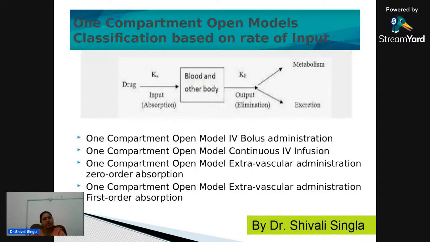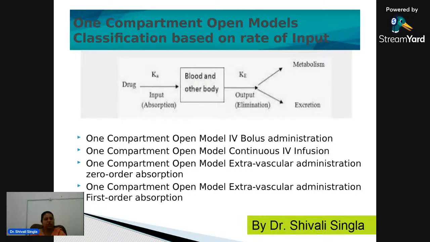Now coming to our extravascular route, that is oral administration, one compartment open model extravascular administration, zero order absorption. When the order of absorption is zero order, and second, one compartment open model extravascular administration when the absorption process follows first order.